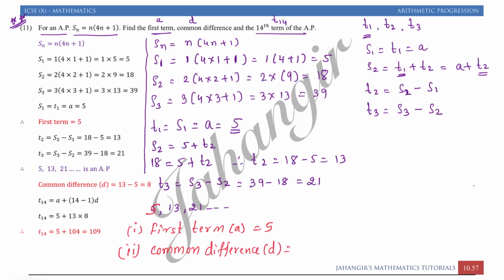D is 13 minus 5, which is equal to 8. And now the third part, we have to find T14.